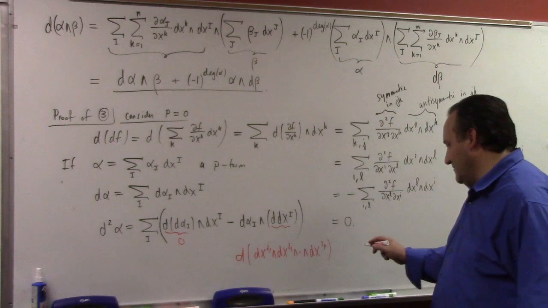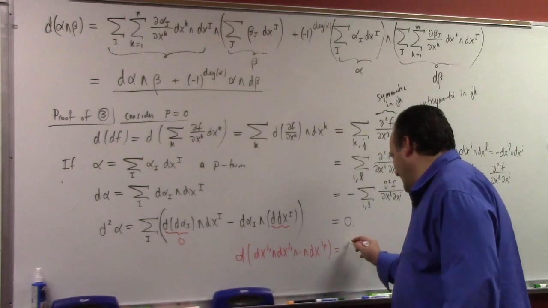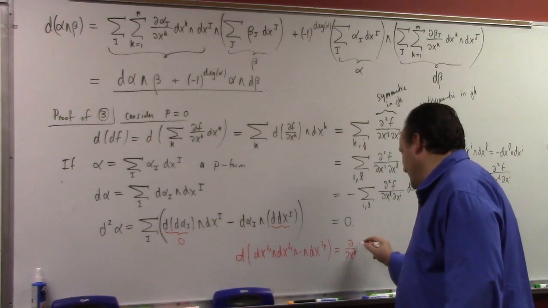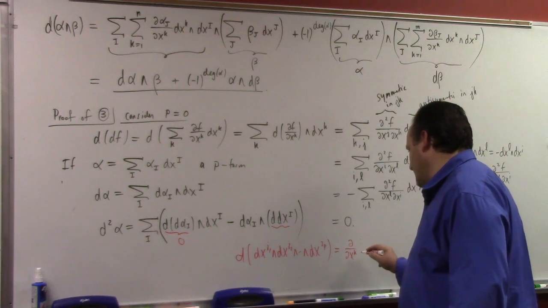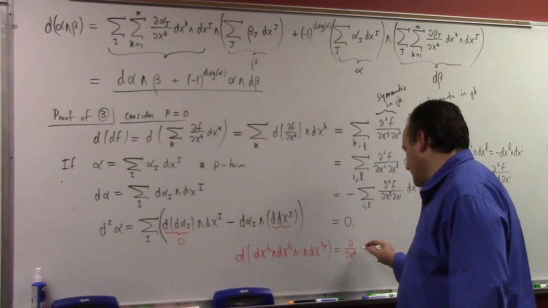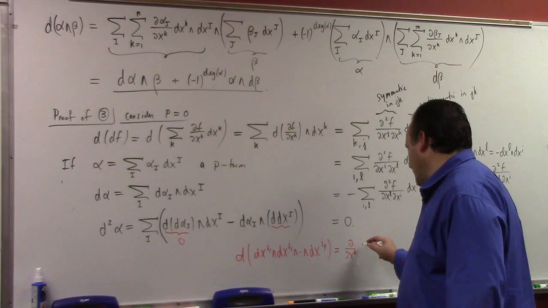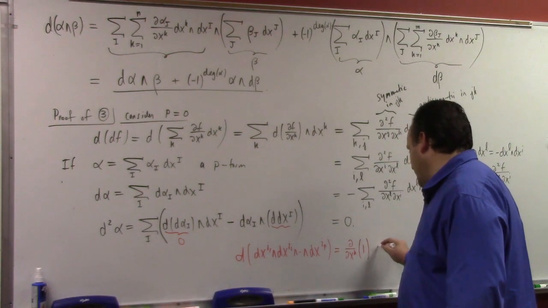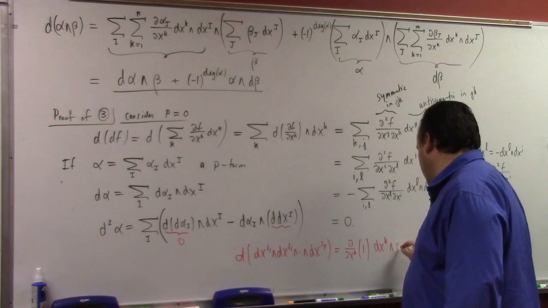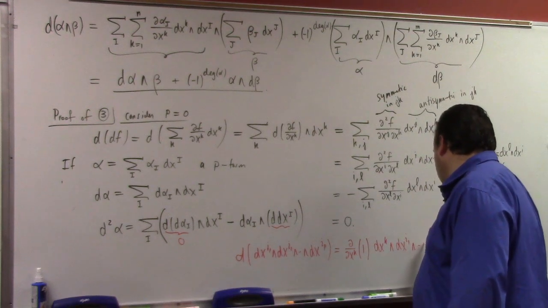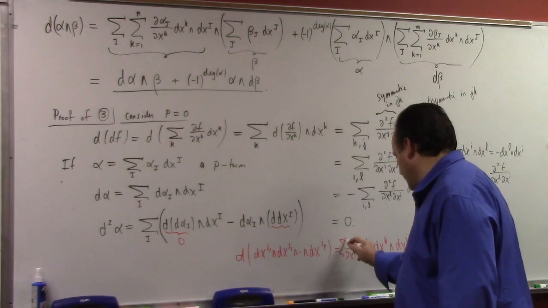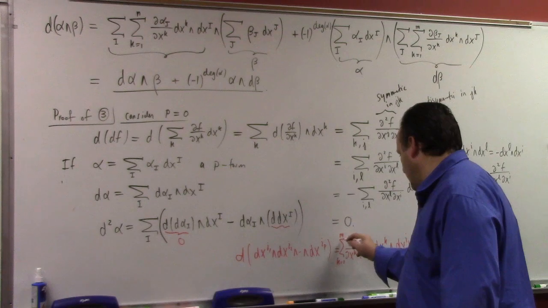Well, that's 0 because by definition that is like the sum, k equals 1 to m, of partial x_k of 1, times dx_k, wedged with dx_{i1}, wedge ... wedge dx_{ip}, right?